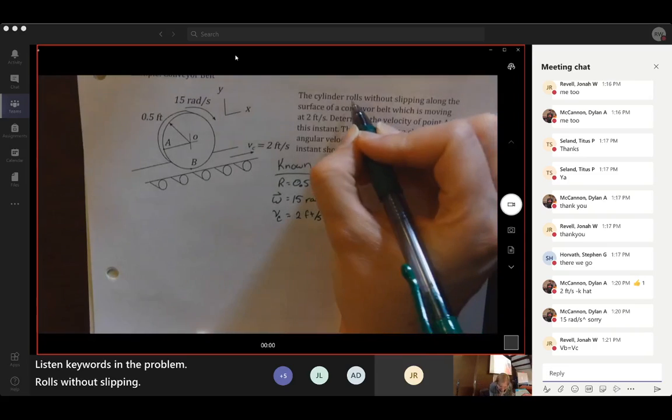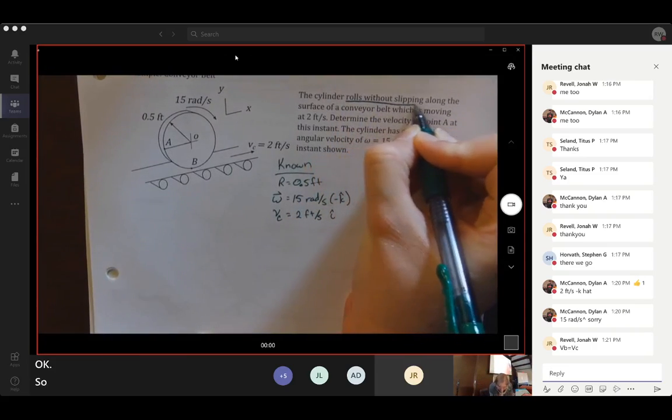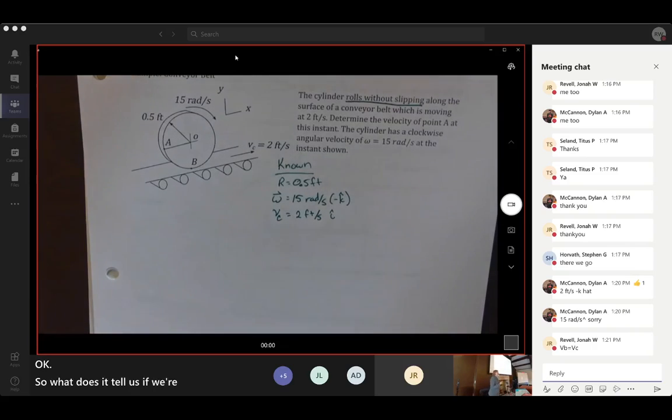Okay. So what does it tell us if we're rolling without slipping? Normal force and friction. Not so relevant here. We're working with kinematics, so we're not worried about what forces are. Okay, we've got one online. So VB has to equal VC.